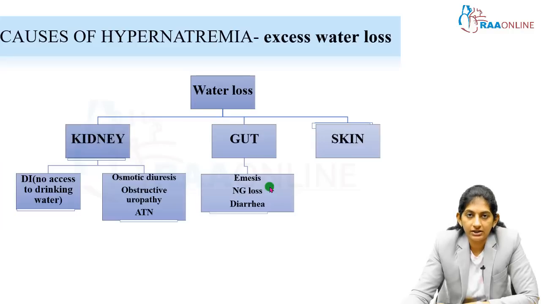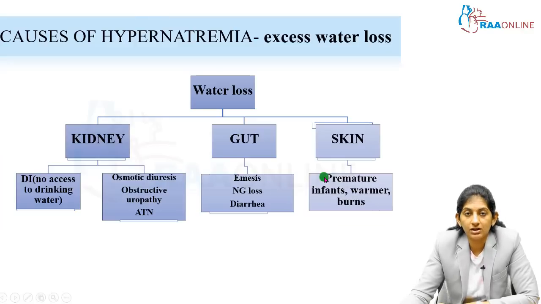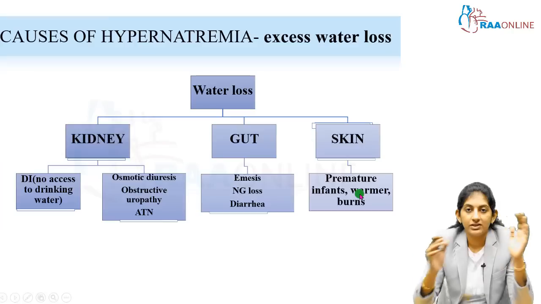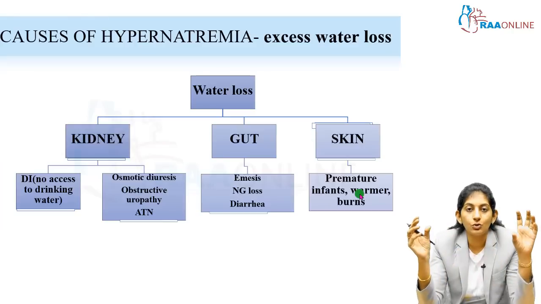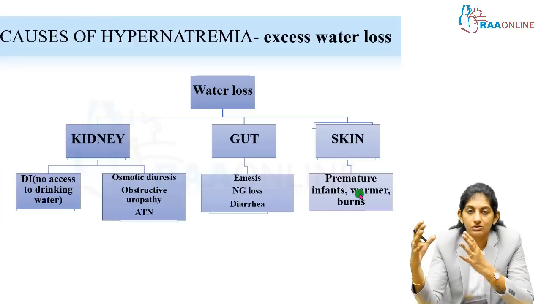Skin normally it will not get lost, but in conditions like when there is excessive sweating, in extremes of temperature, or infants, premature newborn babies kept under warmer, or burns patients. So in those instances there will be excessive skin loss of water. So we have seen the causes of hypernatremia under two headings. Okay, we will go slowly, right?